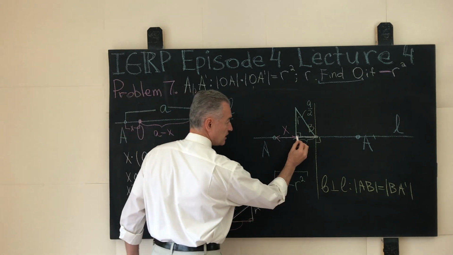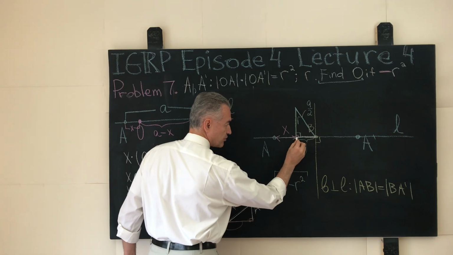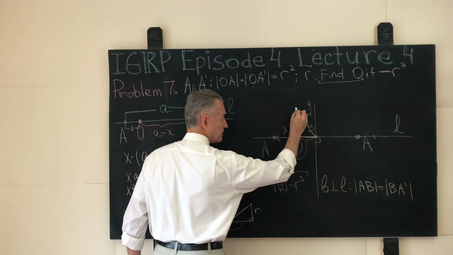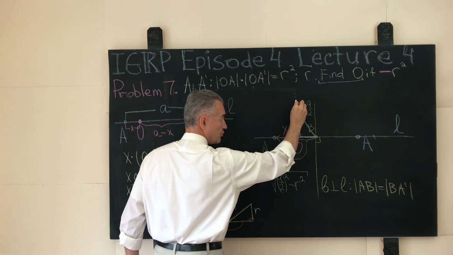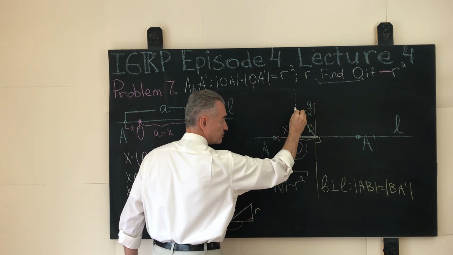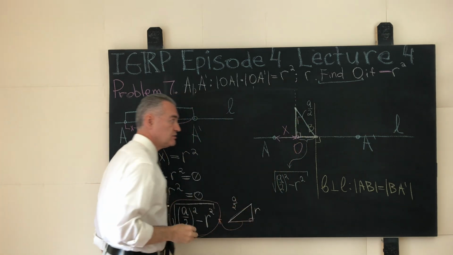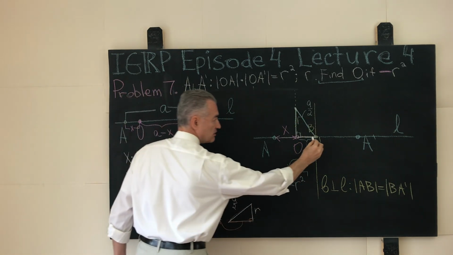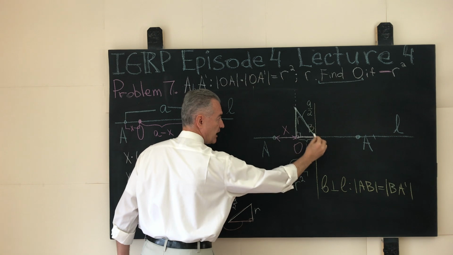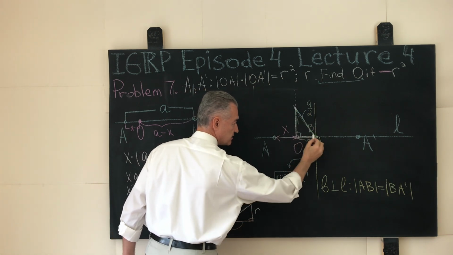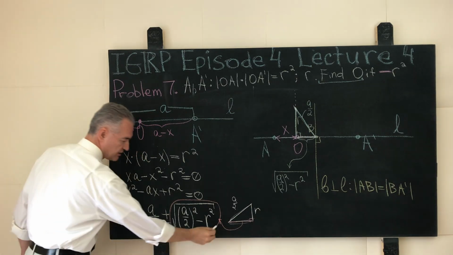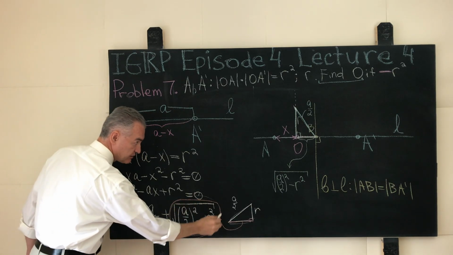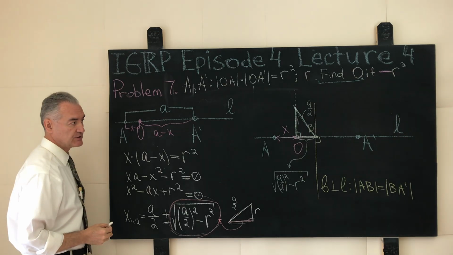So if we construct, for example, through this point a straight line that is perpendicular to L through O, and onto that straight line we put our radius r as shown over here, then this distance right here will be a over 2, and that is precisely the missing link, so to speak, is this line segment that is represented algebraically over here.